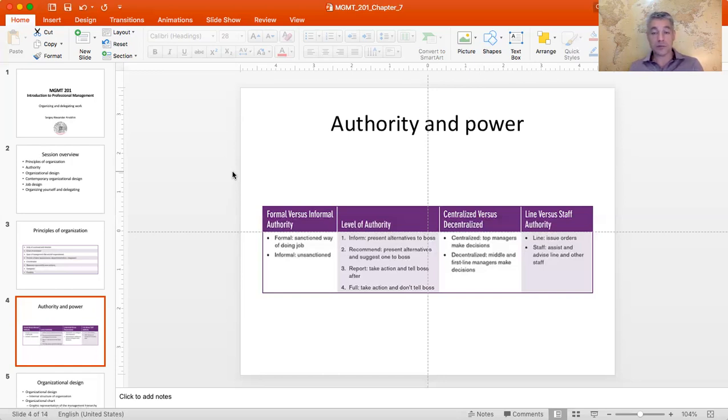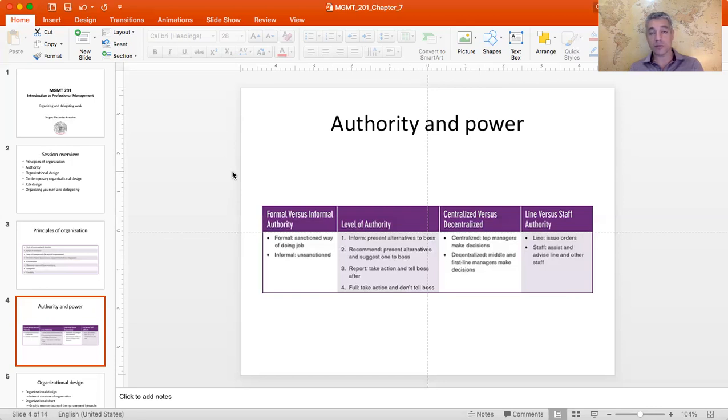Authority can be centralized or decentralized. With centralized authority, and this is very typical of mechanistic organizations, the ones that are based on bureaucracy and set rules, most decisions are made by the top managers and are simply communicated downwards. With decentralized authority, it is typically mid level and even front level managers who make decisions.